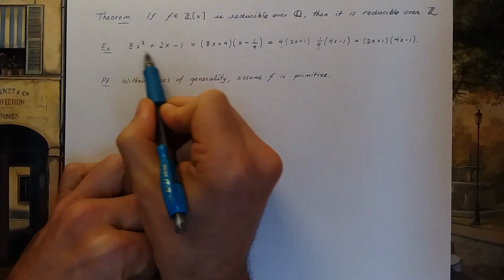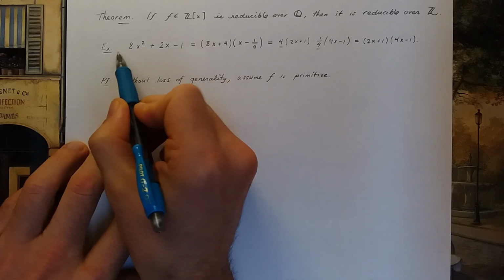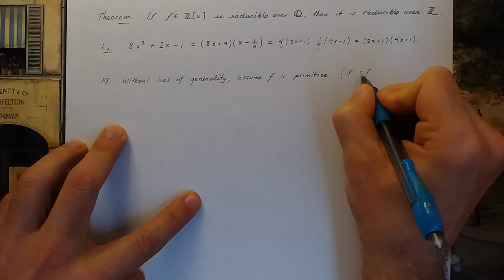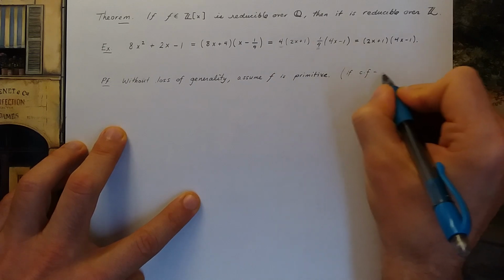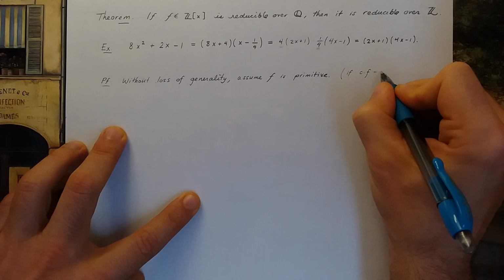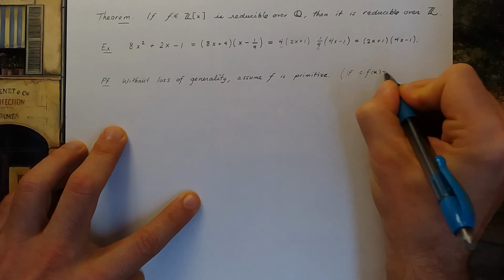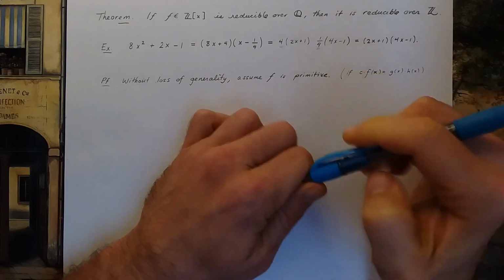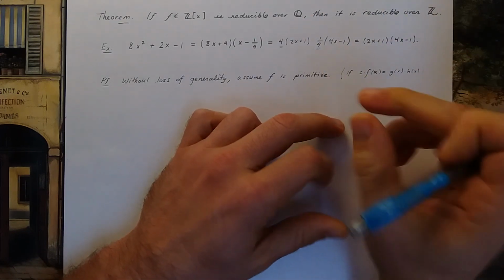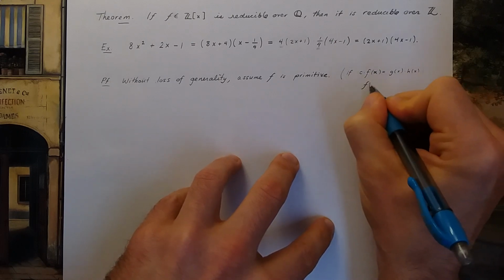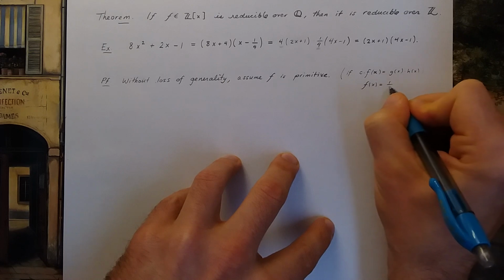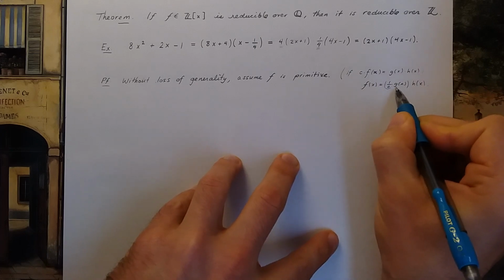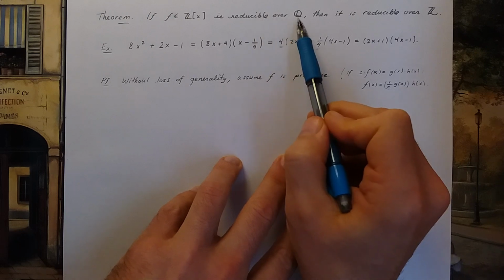Well, if my function f was not primitive, if I could factor out a constant c from every coefficient, and if that could be factored over the rationals, so maybe I could write f of x equals g of x times h of x, where g and h are over Q, then I could just divide both sides by c, and write f of x as 1 over c g of x times h of x, and still both these polynomials have coefficients in the rationals.